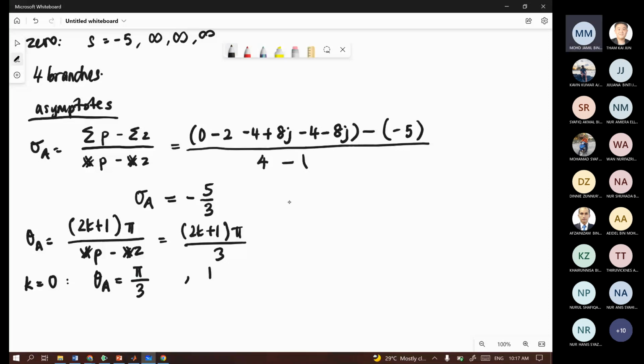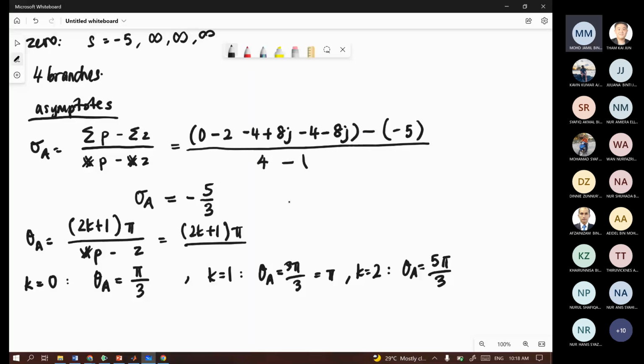At k equals 1, you get theta A equals 3 pi over 3, or pi. And then k equals 2, you get theta A equals 5 pi over 3.